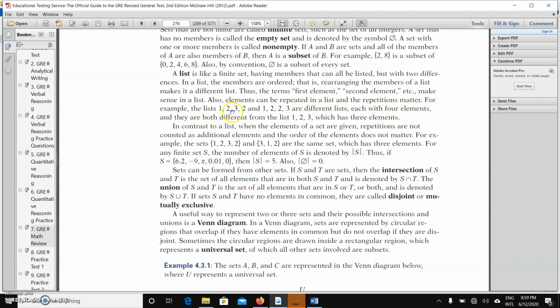For example, a list of 1, 2, 3, 2. Let's say this is a set, and this is an element. This is another element. So in this list we have 1, 2, 3, and 2. I'm just telling you that there can be a repetition of a particular number.